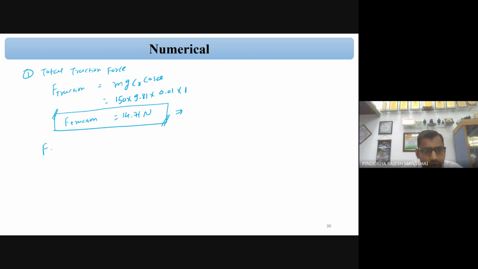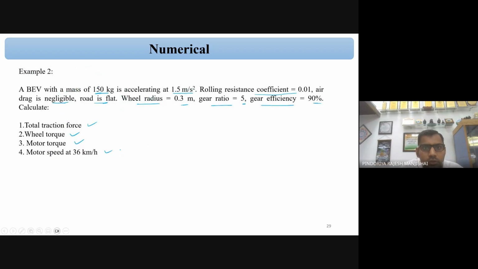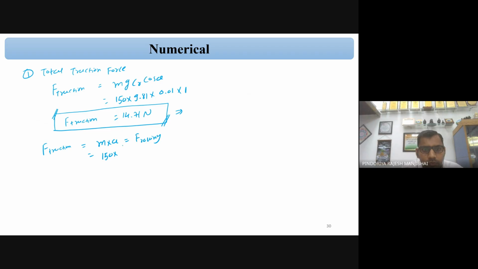So F traction is equal to m into a, where m is the mass and a is the acceleration, plus the force of rolling resistance. So m is 150, a is 1.5, plus F rolling.